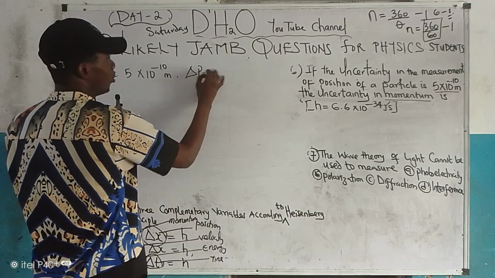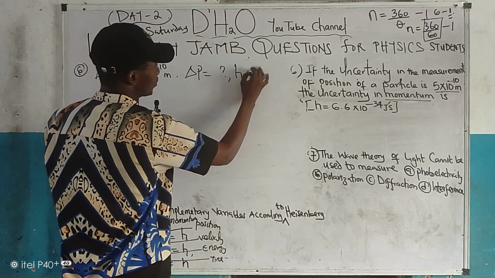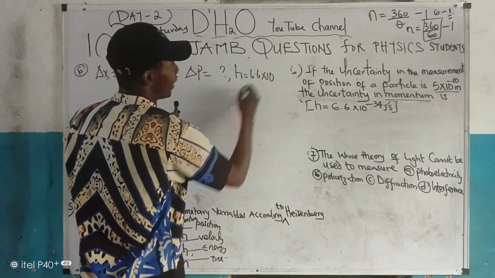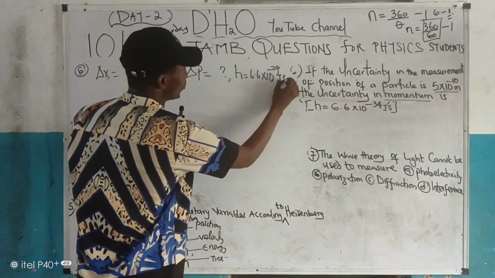Change in momentum is unknown. What is our Planck constant? 6.6 times 10 raised to power minus 34 joule seconds.